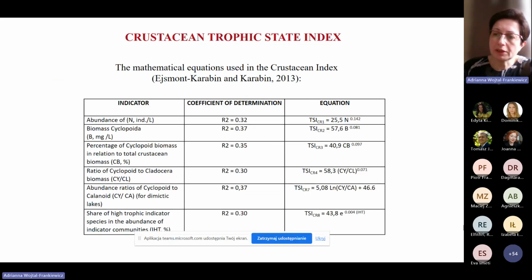And there are the mathematical equations used in the crustacean index, and you can see that they were prepared in the analogous way, like in the case of the rotifer trophic state index.